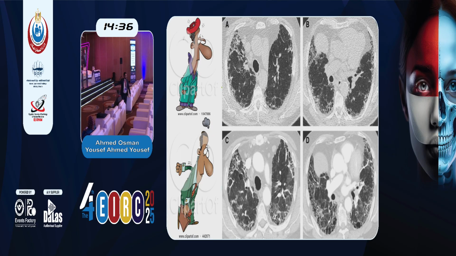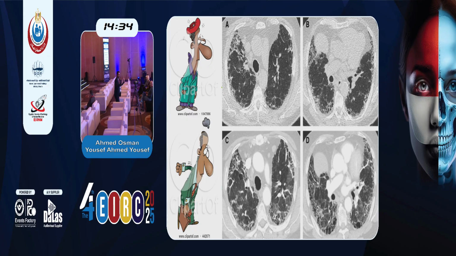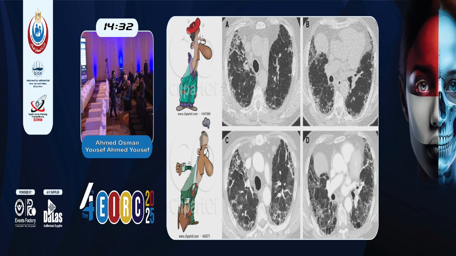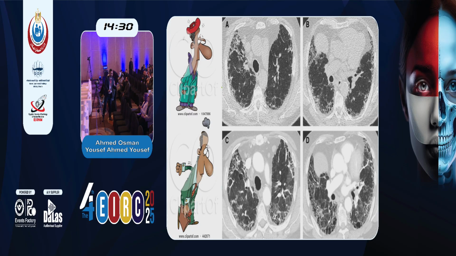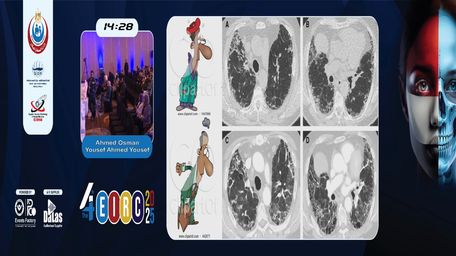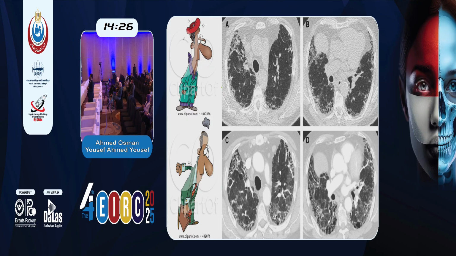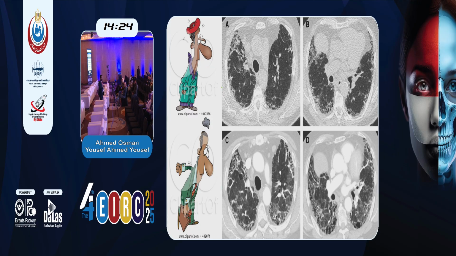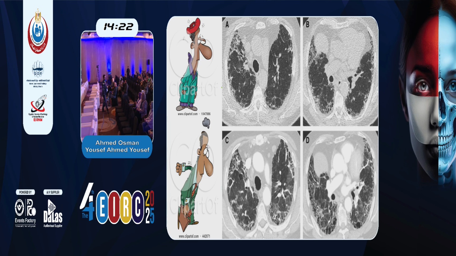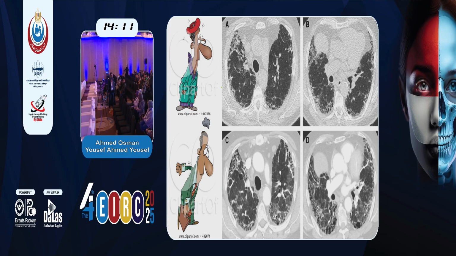This is the same case, and we already finalized it and we are sure of the diagnosis of UIP. The patient came for follow-up with fever, dyspnea, and an unusual cough, even productive. And this is the follow-up CT. Secondary infection. Why?